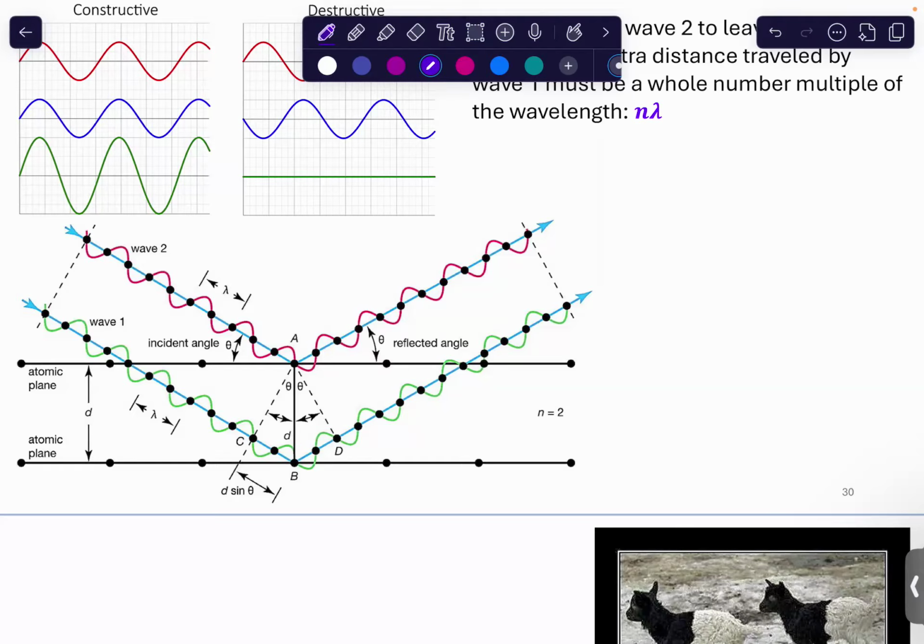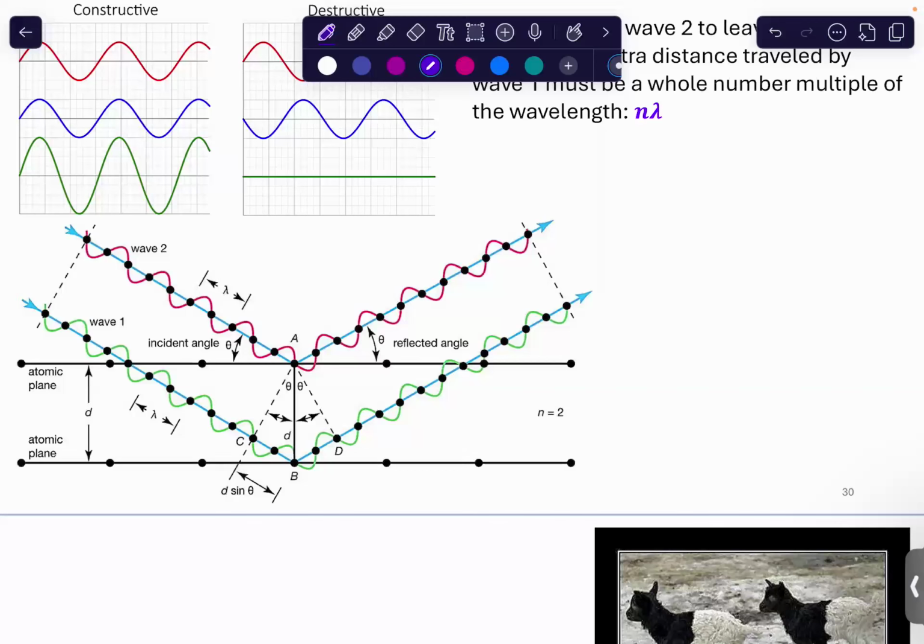What do I have to put in that equation for second order? It's on there staring you right in the face, and you're going to kick yourself when I point it out. No, we already have lambda. We have the wavelength of the X-rays.